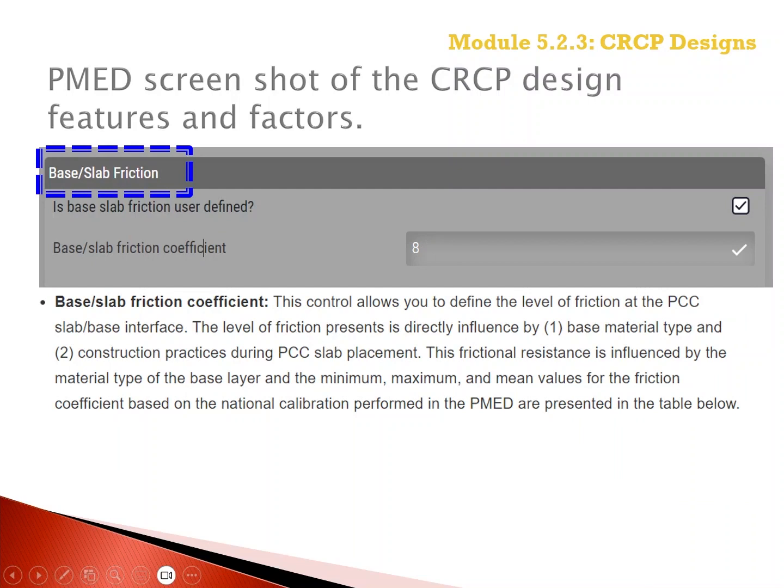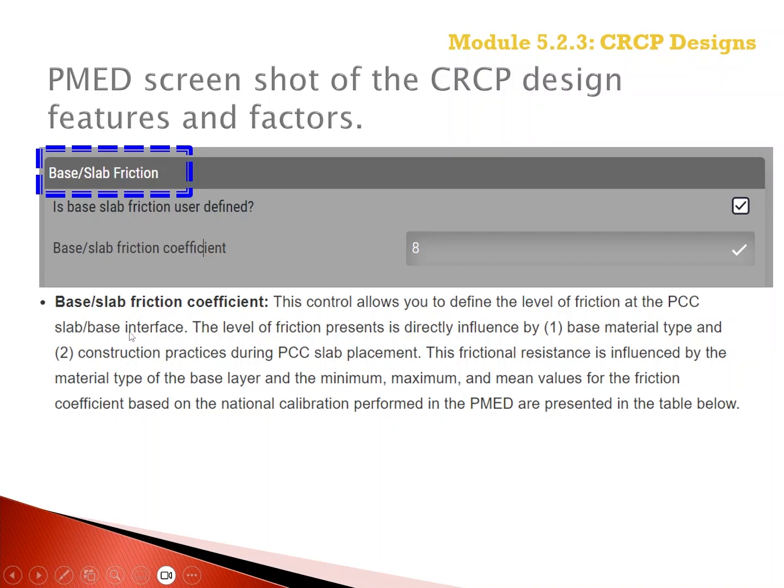The next is the base slab friction value. As we noted before, different types of materials of the base can be used, and this base slab friction coefficient is assigned appropriate for the different base layers. So this control allows the user to define the level of friction at the PCC slab base interface.